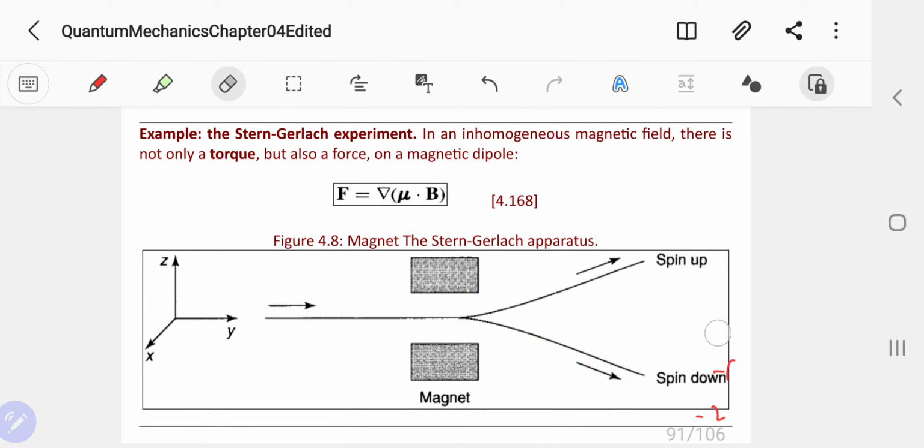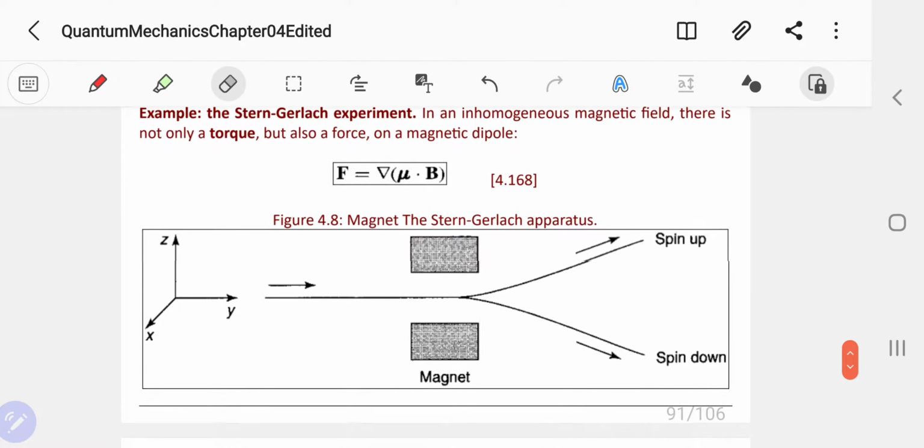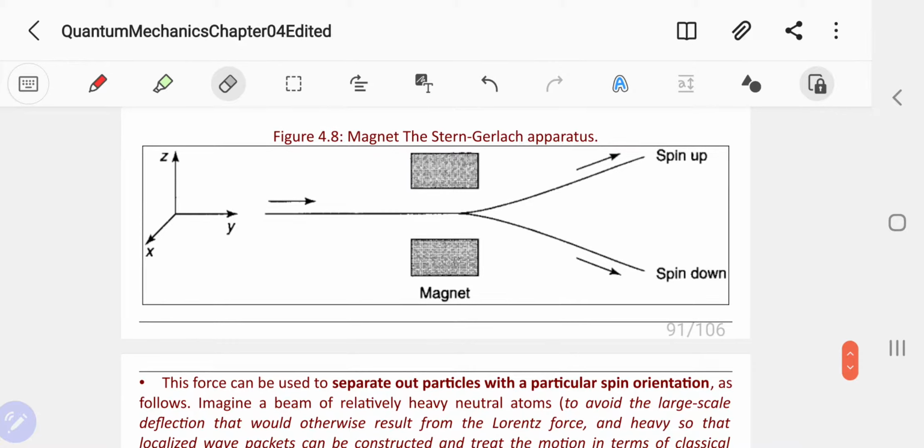So that's the Stern-Gerlach experiment. When you let it pass through a magnetic field, the beam will separate itself, and you will see that there are degenerate states in that beam. They have the same energy, the beam has one energy, but has different spins.